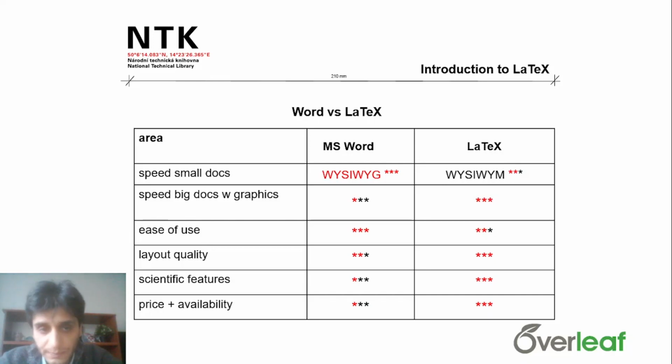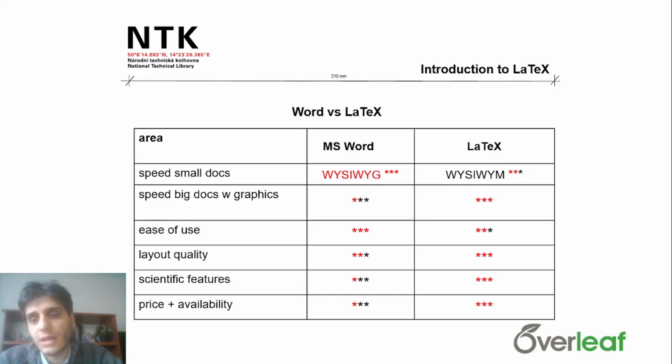Ease of use. Here again, Word is so simple to learn. You can open a first document in Word and start typing, and you will see the results directly. So you can produce simple documents with a reasonable layout quickly. LaTeX needs some time, so you have to learn how to use it to be familiar with the environment.